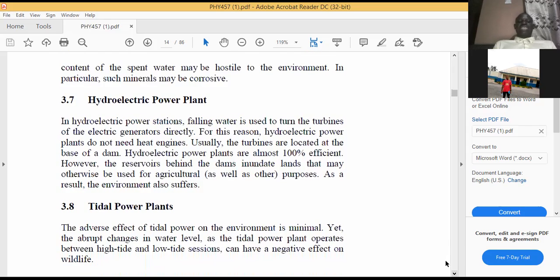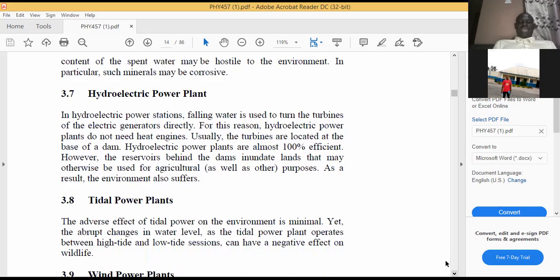Now, we did not say that tidal power plant is generating pollution to the environment. In fact, it is stated here clearly that it has a minimal adverse effect, because it works with wind.